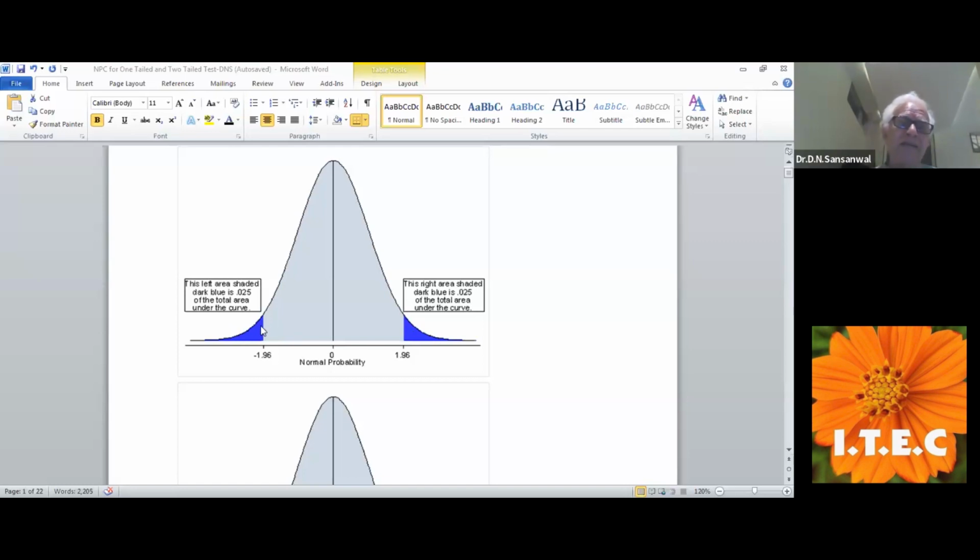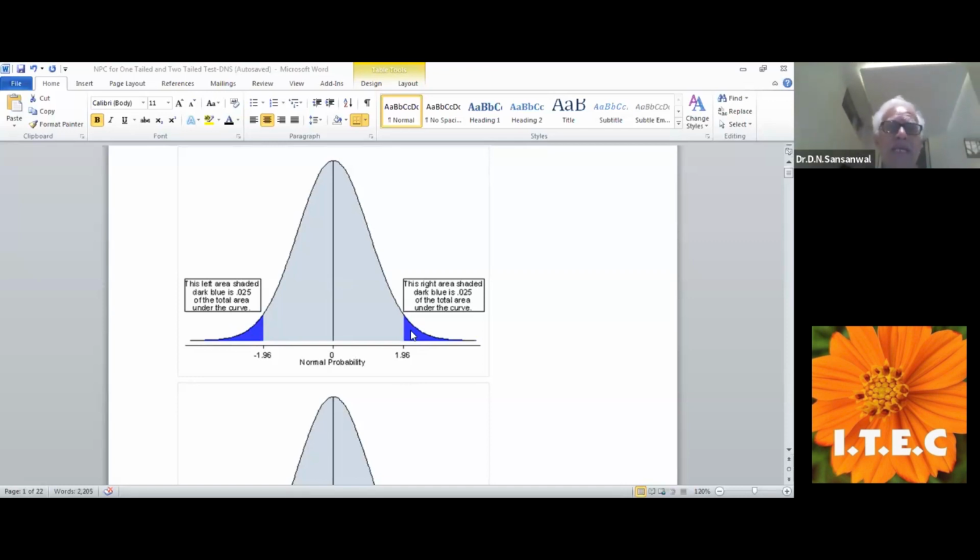And another dark area on the left-hand side, here also the error is 0.025, or less. Now, if your value lies here, then it means the error is less. And if the error is less, the value is significant.